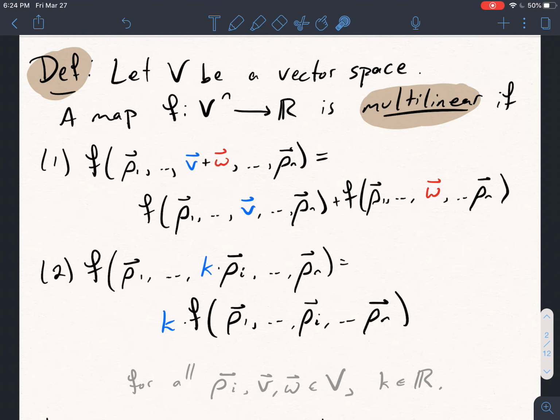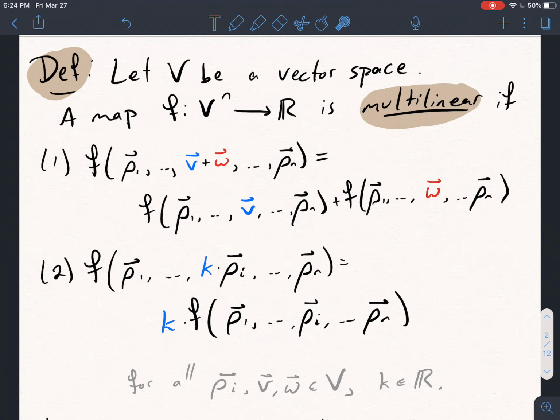You could just think of V as being a column and V to the n as being your matrix consisting of n columns. And now instead of rho sub i, you would put a c sub i to represent a column, and you could do all of this stuff this way.